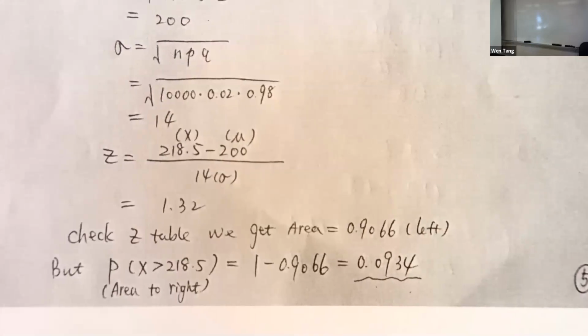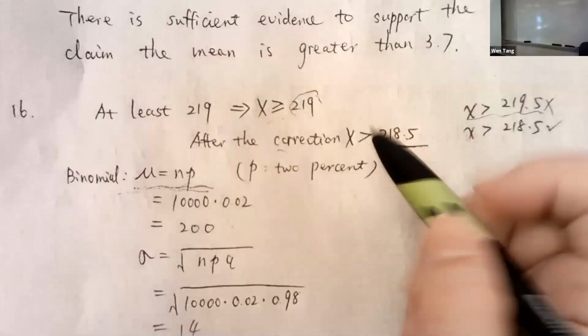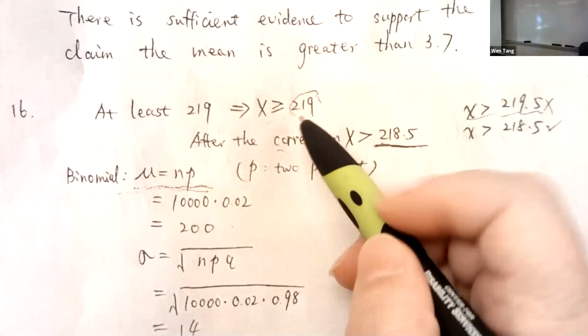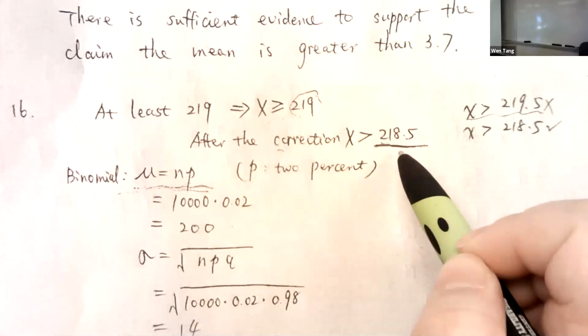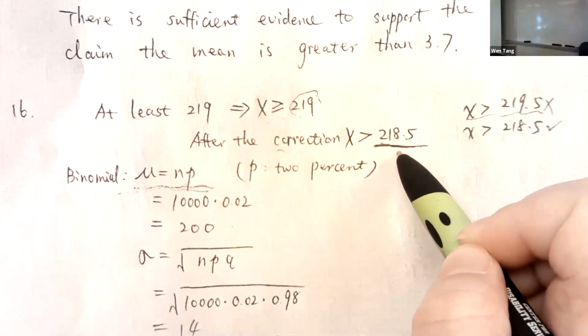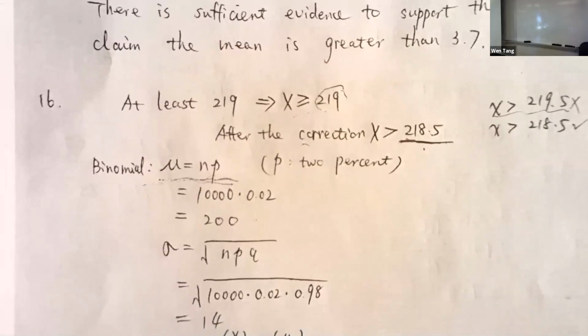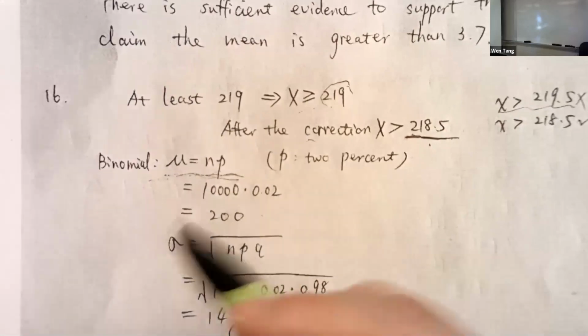First, you find the new x value after you do the correction. We translate this one to be this one. And if you forget how to do the correction, you can check the table. You will have the whole table to tell you how to do the correction, in your textbook.